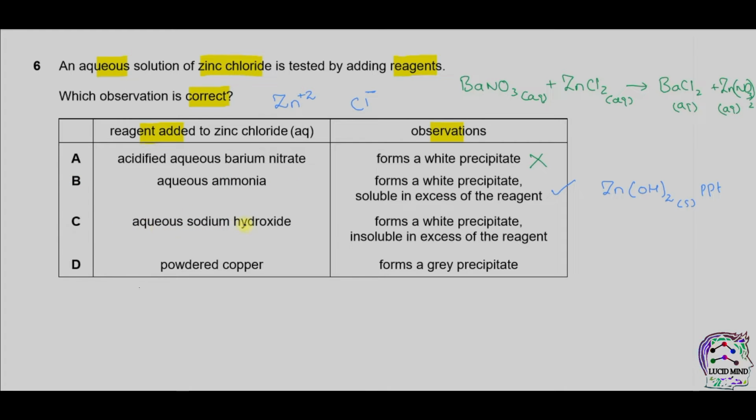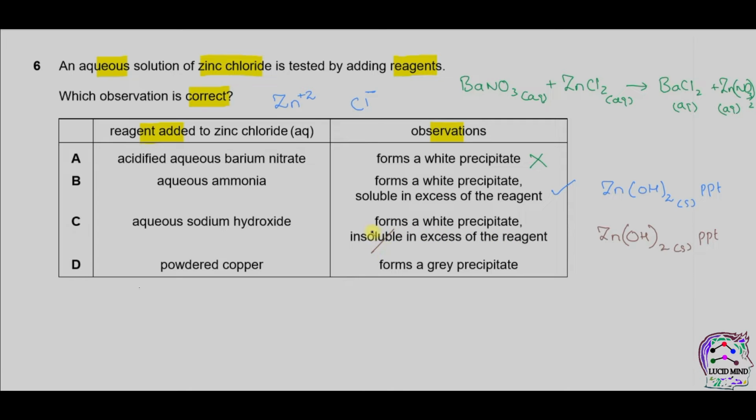Option C, aqueous sodium hydroxide forms a white precipitate insoluble in excess of the reagent. Now aqueous sodium hydroxide will form zinc hydroxide with zinc chloride, and zinc hydroxide is a white precipitate. So the first part is correct, that it will form a white precipitate, but the second part says insoluble in excess of the reagent.